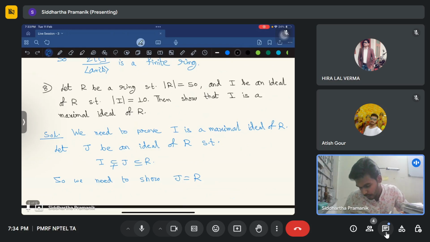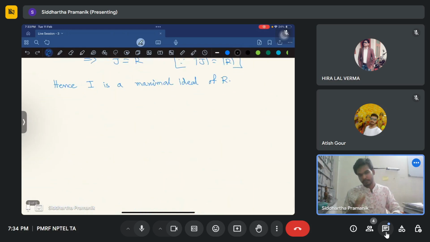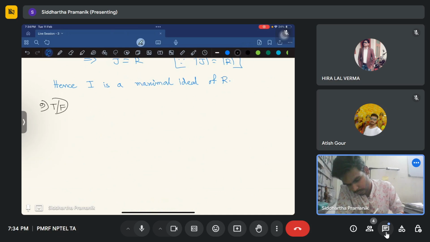Okay, let's do another problem. This is a true false type question. So you consider the ring Q root 2, which looks like A plus B root 2 such that A and B are rational numbers.